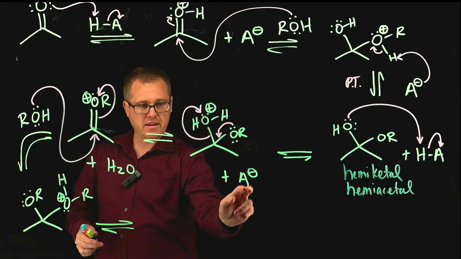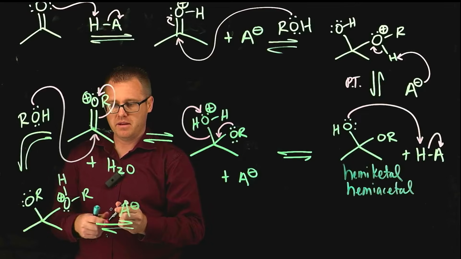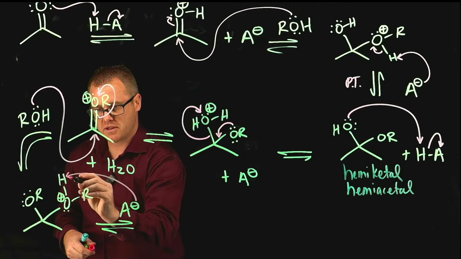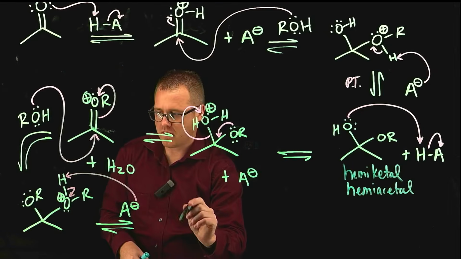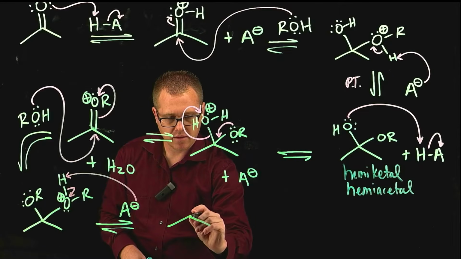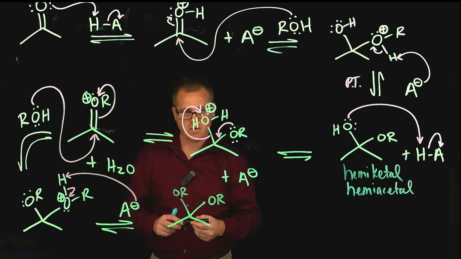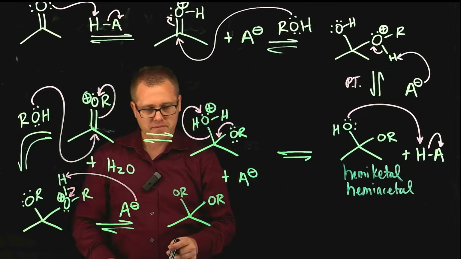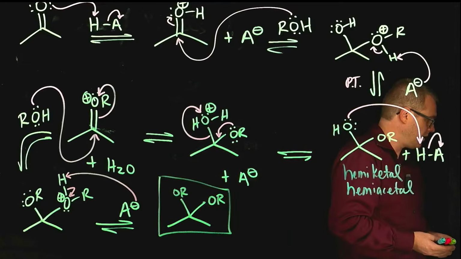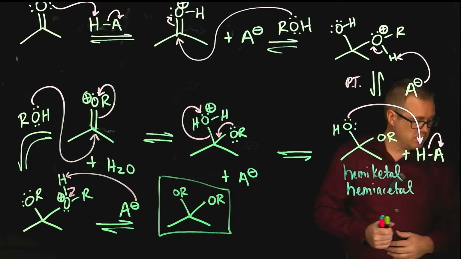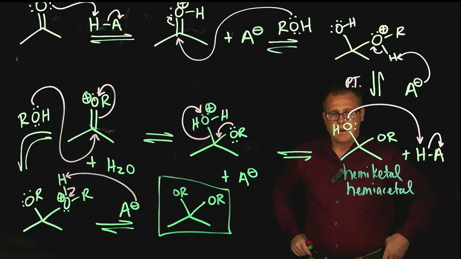We just generated that in that step over there, so we have our A minus that can come in and do the proton transfer step. And that is going to give us our ketal. Pretty slick, isn't that? So there is our product. So that is our ketal.